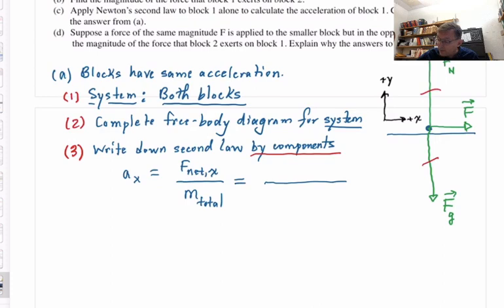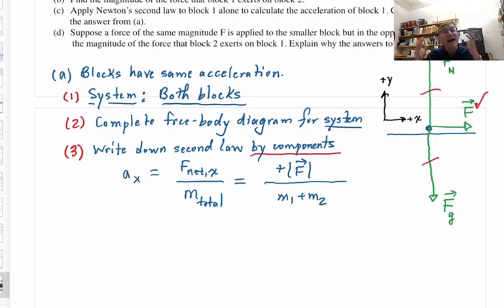There's only one. There it is right there. The applied force F in the positive x direction. The entire magnitude is in the positive x direction. So for F net x, here's how I write it: plus magnitude of the applied force, meaning the entire magnitude of the force is in the plus x direction. And for M total, I just put M1 plus M2. So that's what's in the denominator.